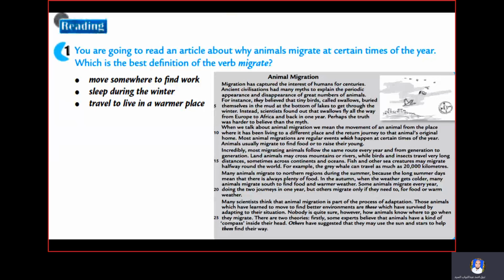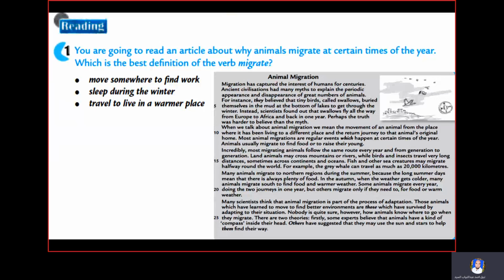Perhaps the truth was harder to believe than the myth. When we talk about animal migration, we mean the movement of animal from the place where it has been living to a different place and the return journey to that animal's original home.